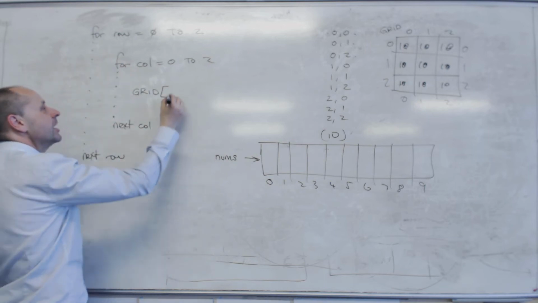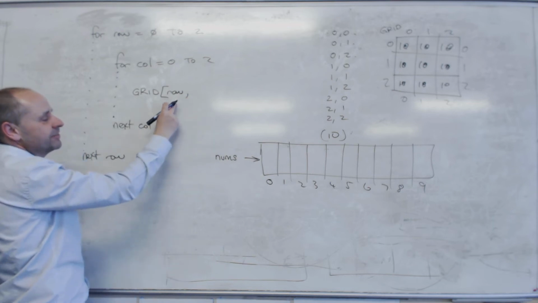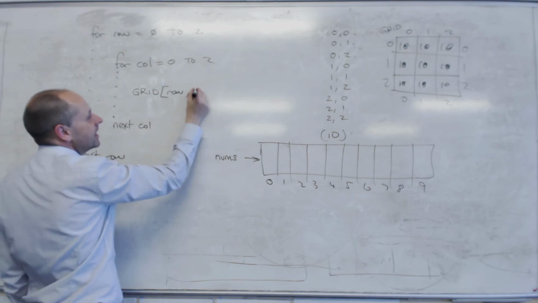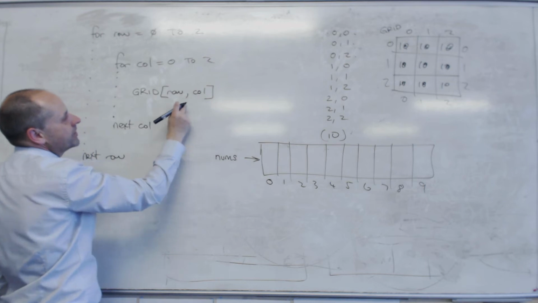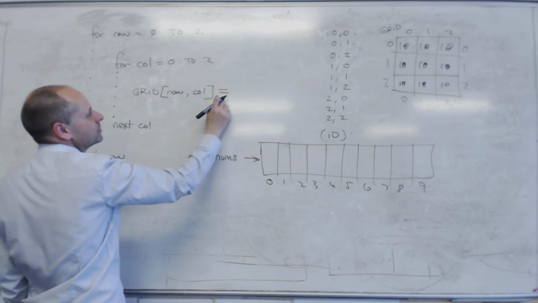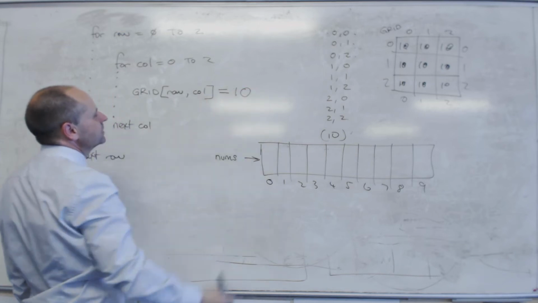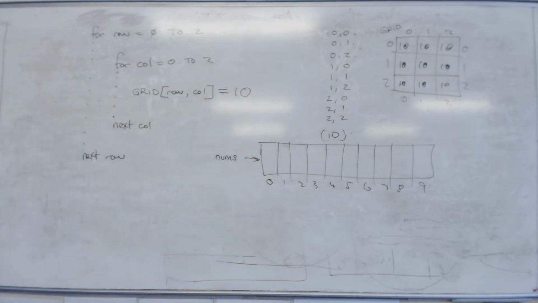Because I've used sensible names, I'm going to write row as the first index, the second index is the column, and I separate it with a comma. And then I say what I'm going to set it to. So I do my assignment operator, and in this case I wanted to set them all to 10. So if you're messing about with 2D arrays, you'll always have a loop inside another loop.